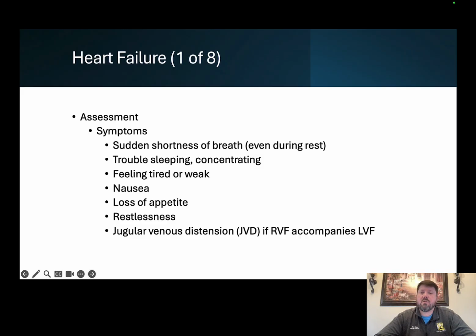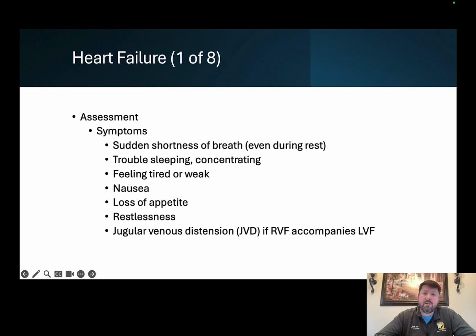The patient may also report having trouble sleeping, also known as paroxysmal nocturnal dyspnea, where they have episodes where they wake up with almost a choking feeling because of all the fluid that's building up. Patients may often report feeling tired or weak. The patient may report having trouble concentrating because of hypoxia.